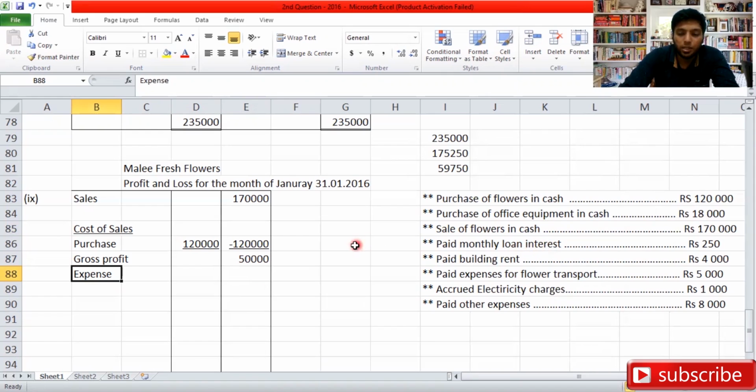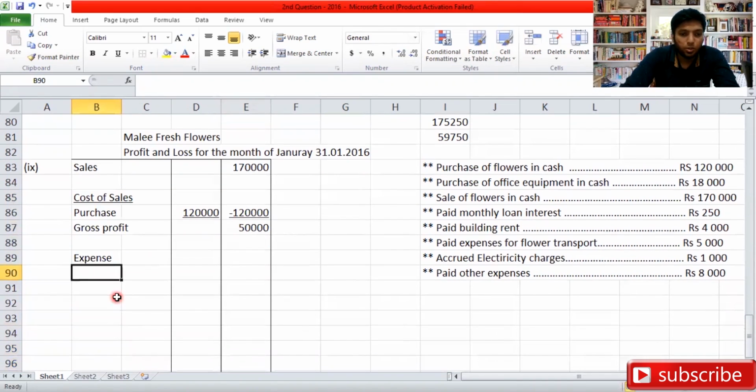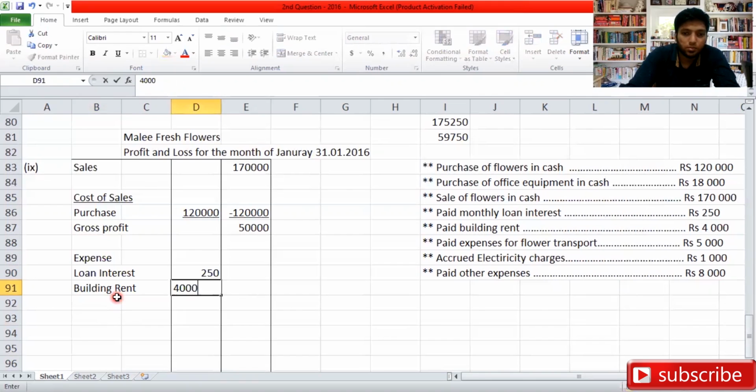Paid monthly loan interest will be taken. So I can take the expense column down. I'll write here loan interest and record 250. Then I have building rent, I'll record 4,000.